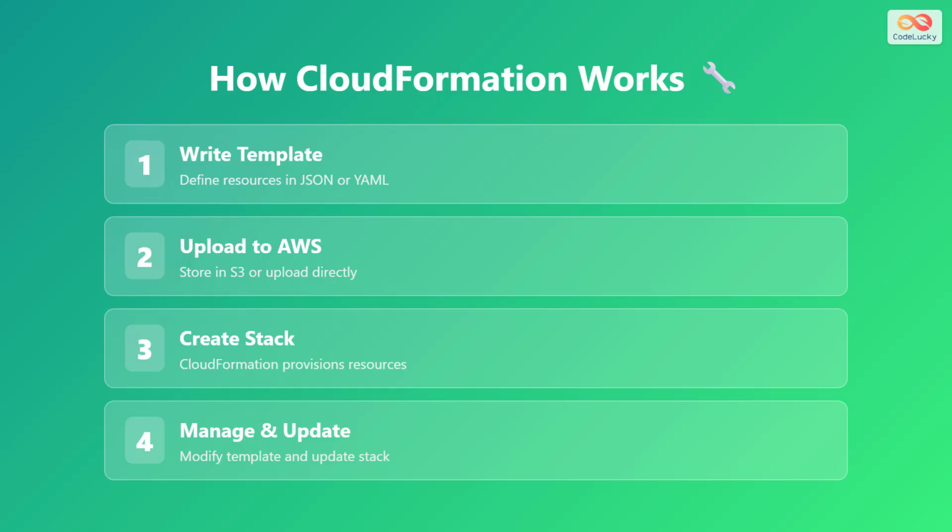Step 3. Create a stack using your template, and CloudFormation automatically provisions all the resources in the correct order, handling dependencies between resources. Step 4. Manage and update your infrastructure by modifying the template and updating the stack, allowing CloudFormation to intelligently apply only the necessary changes.